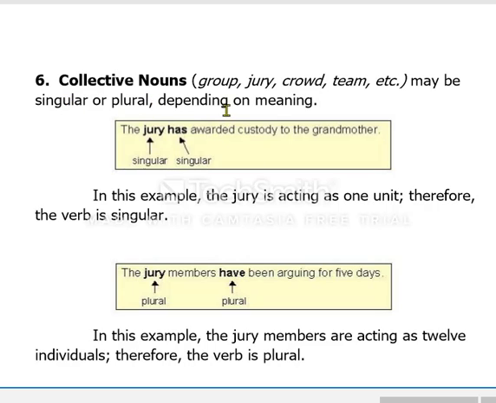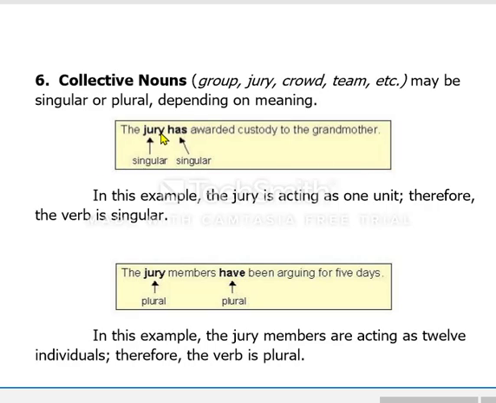The jury has awarded, has, now the jury will be considered as singular. You will not consider the collective noun here as plural form, because the subject is also there in singular form. So the jury has awarded custody to the grandmother. In this example, the jury is acting as one unit, and therefore the verb is singular.